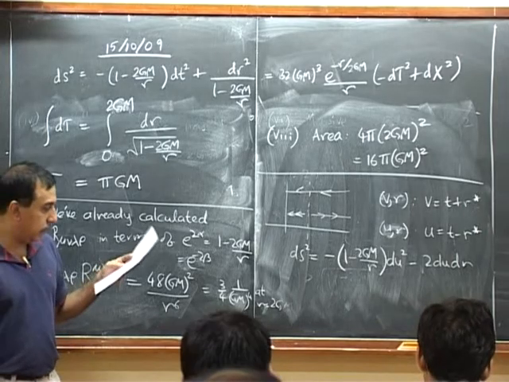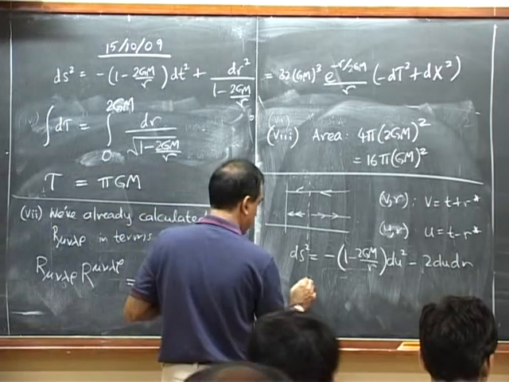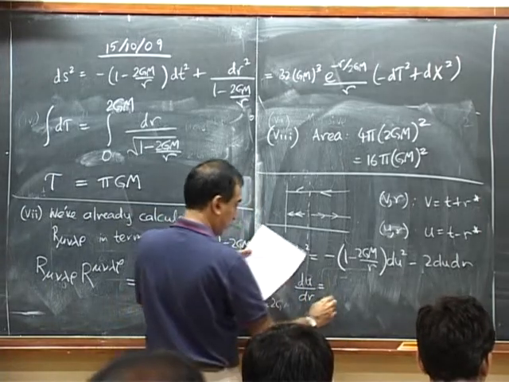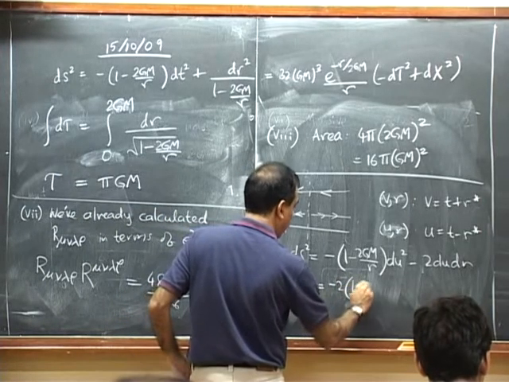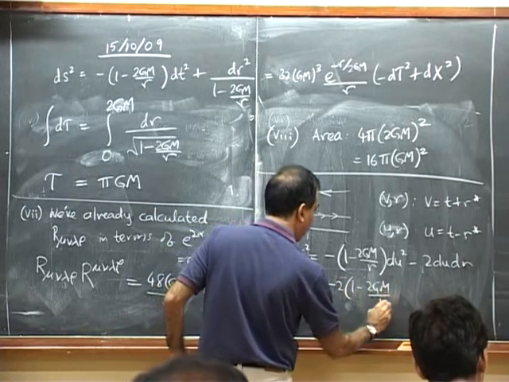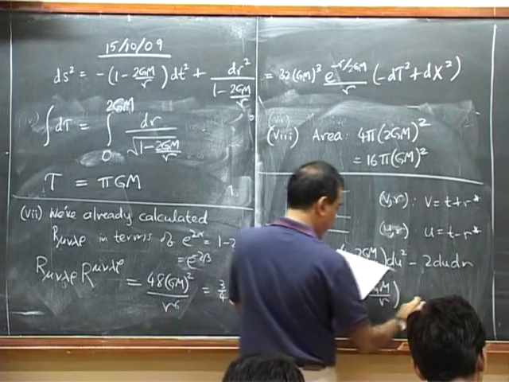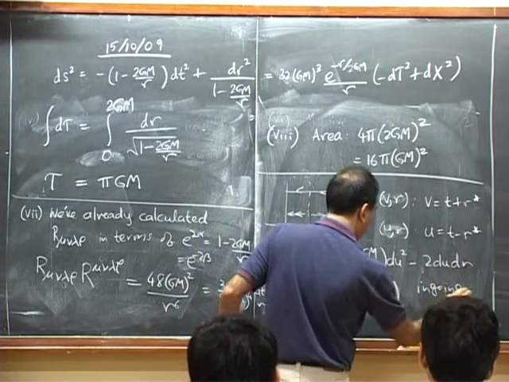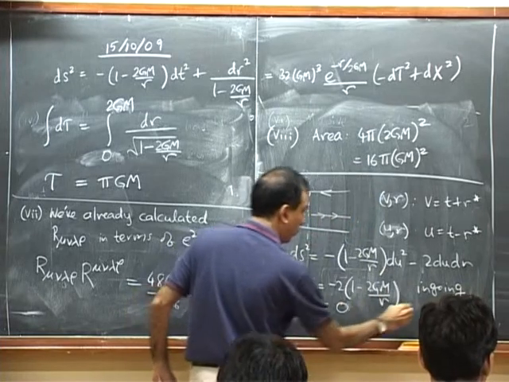This is the only change. Okay. However, this change is important because now I find that du by dr is minus 2 times (1 minus 2GM by r) for the ingoing and 0 for the outgoing.